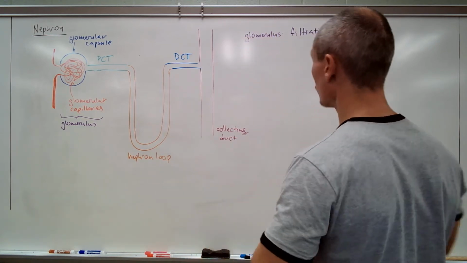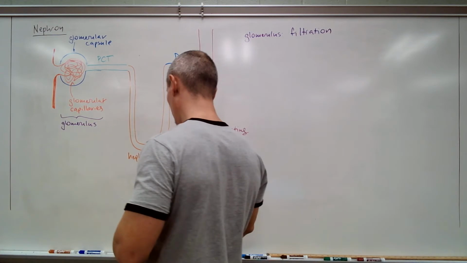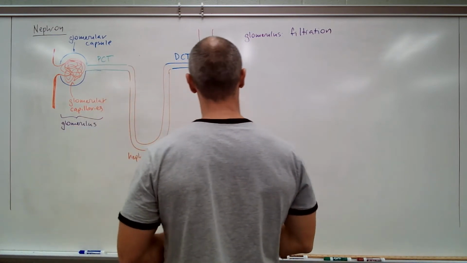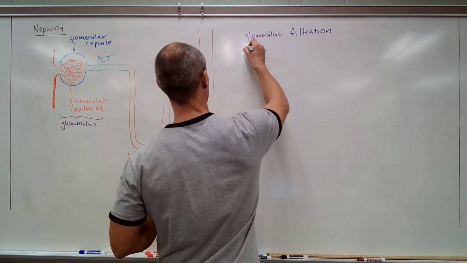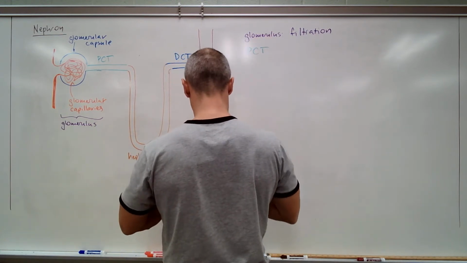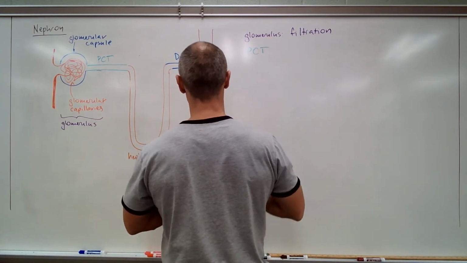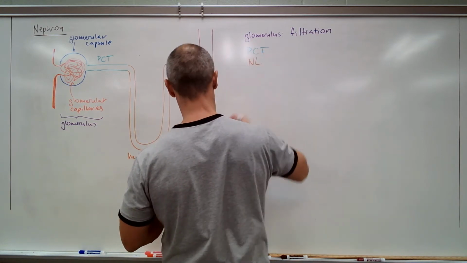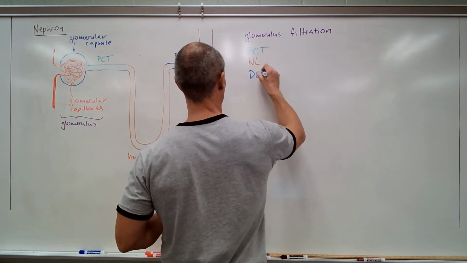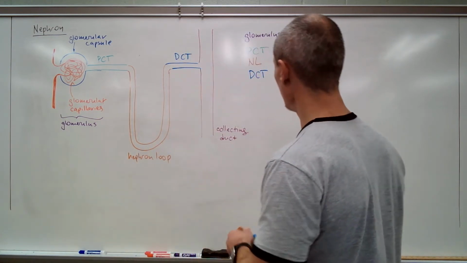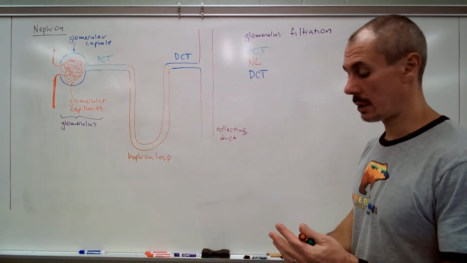Okay. And proximal convoluted tubule, nephron loop, and distal convoluted tubule are responsible mostly for the reabsorption and secretion.